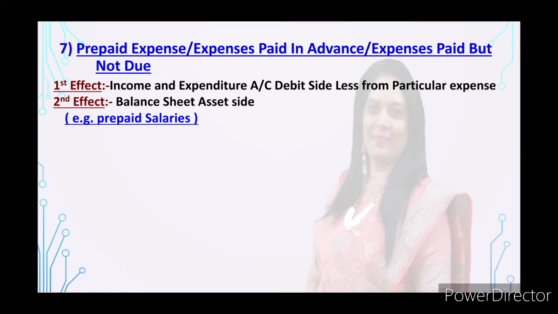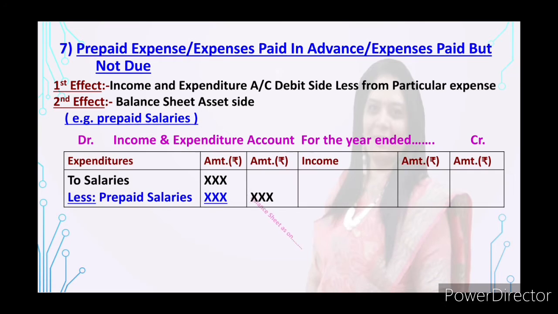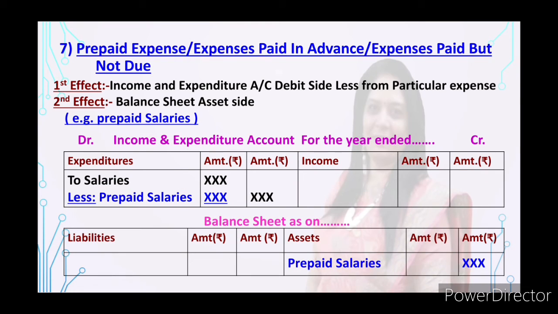The example, prepaid salaries. Salaries are prepaid. So let's see. In income and expenditure account debit side, you can see to salaries. From that salary, you have to deduct prepaid salaries, and after deducting, the amount will be recorded in the outer column. Second effect is in balance sheet asset side. You have to record prepaid salaries.